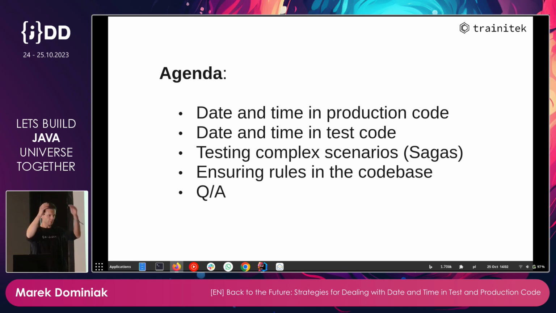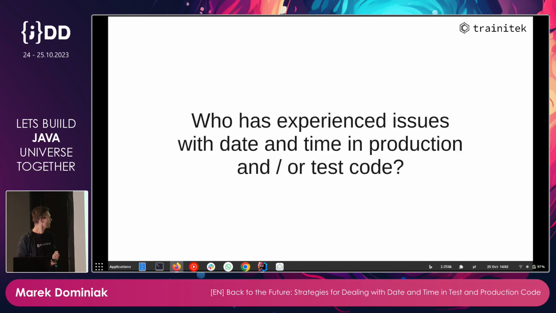Then we will be switching between production code and how it shapes and influences our date and time in test code, and our options, what we can do with this. Then we will see some more complex scenarios, how we would like to deal with them, and we would like to ensure some rules when it comes to date and time in our source code and code base. Then there will be Q&A.